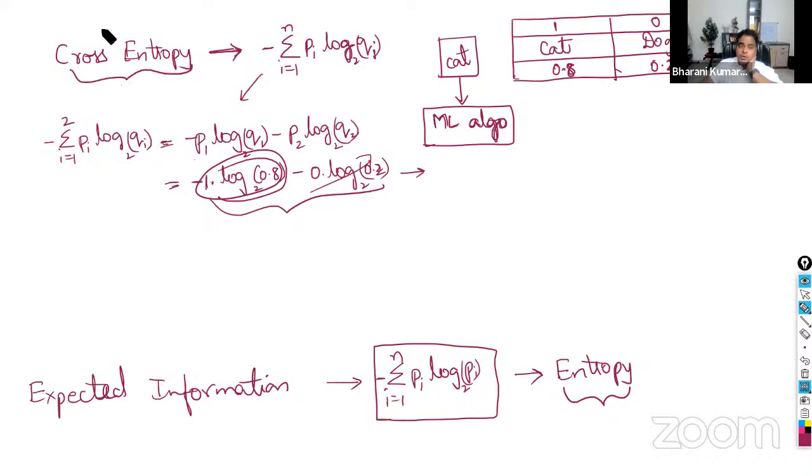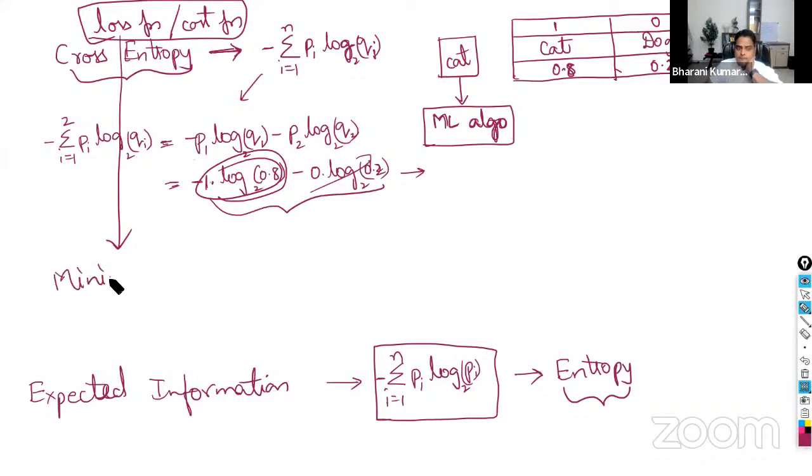And what is cross entropy? It is a loss function or a cost function. And what do you want to do with a loss function or cost function? You want to minimize that. Okay, and that's your optimization. And what algorithm do we use? Gradient descent, because you want to minimize the loss.